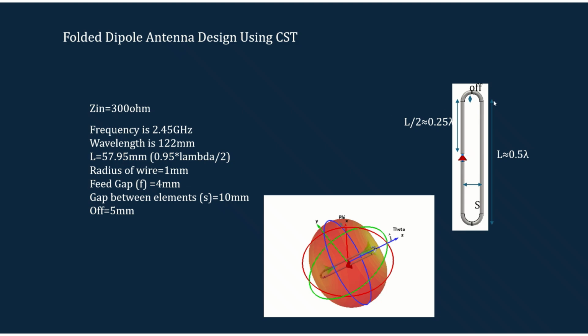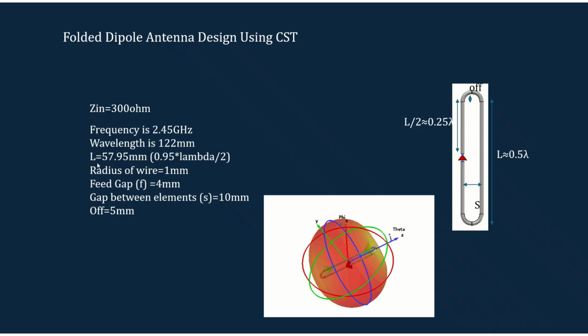It is always better to use a length slightly less than this value, because this curvature also comes into the effect of radiation. But in my case I'm not going to optimize this value, I am just going to use this.